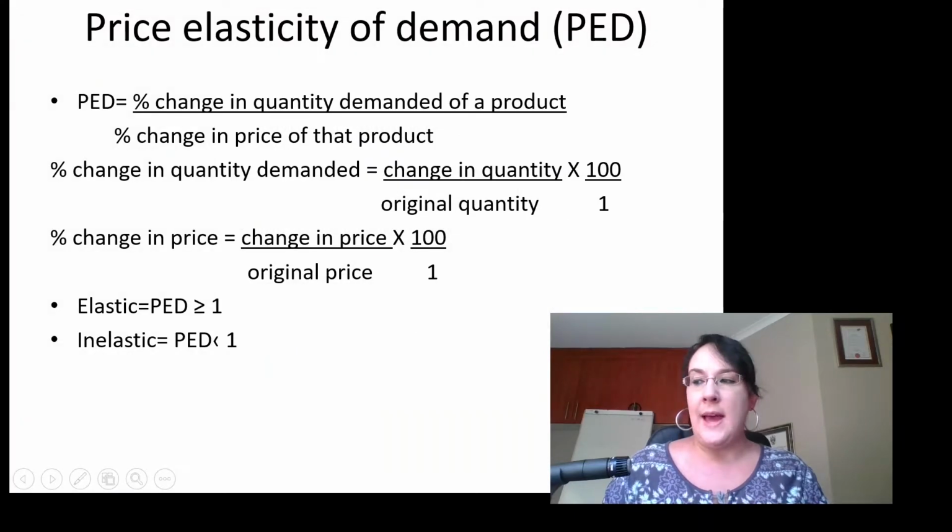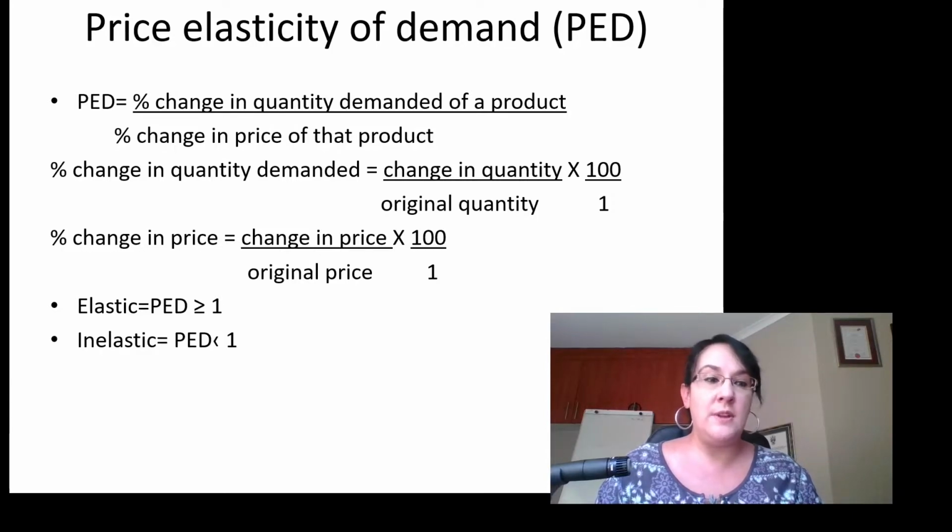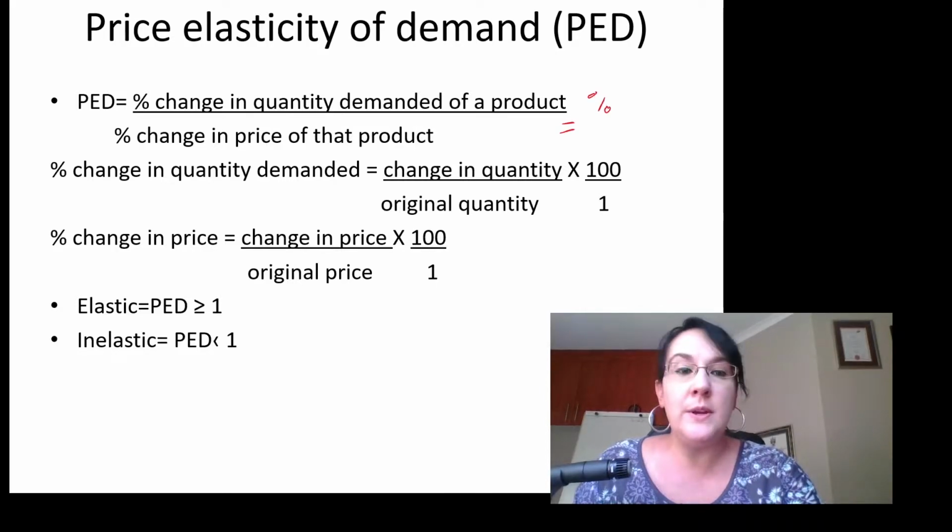Now I want to look at my formula for PED. The formula for PED is the percentage change in the quantity demanded of a product divided by the percentage change in the price of that product. I can simplify the formula slightly, so we can state it as: the percentage change, that's delta, the triangle, in quantity demanded, divided by the percentage change in the price.